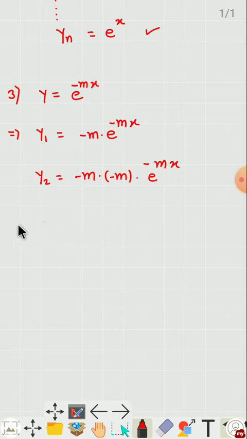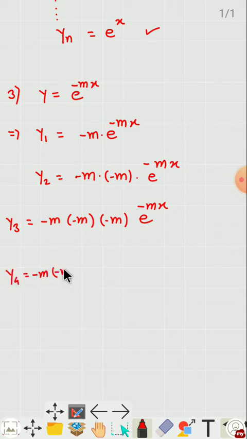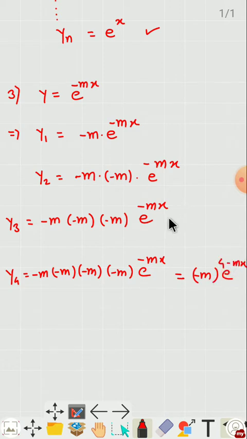Now y3, the third order derivative, is minus m into minus m into minus m into e raised to the power minus mx. y4 is minus m raised to 4 into e raised to the power minus mx.